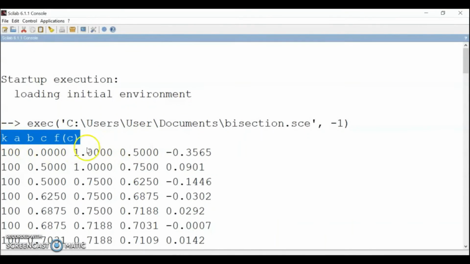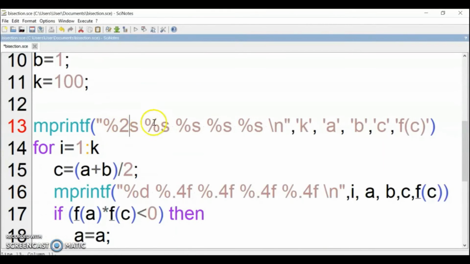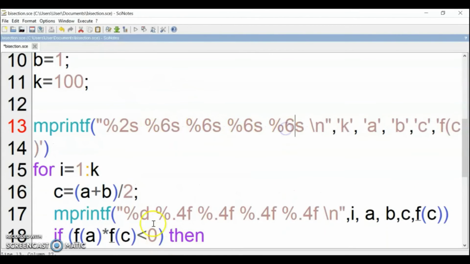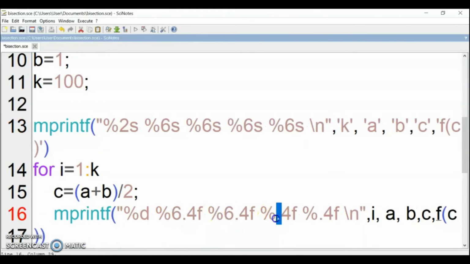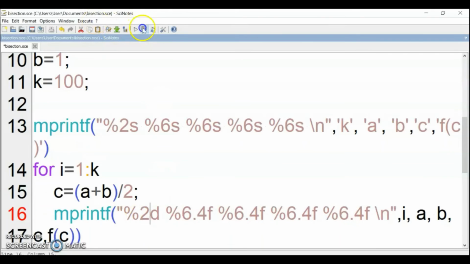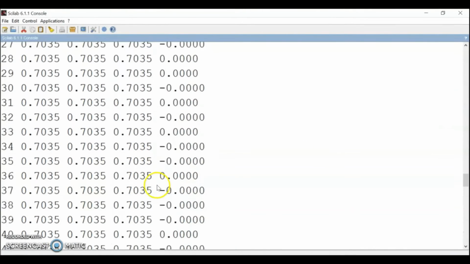I need to put a space. To do that, just start with 2, just put 6 spaces, 6 spaces, 6 spaces. You can adjust it later on. Similarly here, 6 spaces, 6 spaces, 6 spaces, and maybe 2 here. Let's run it again and see how it goes.